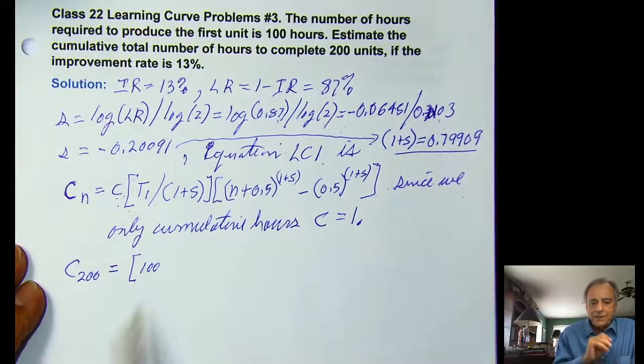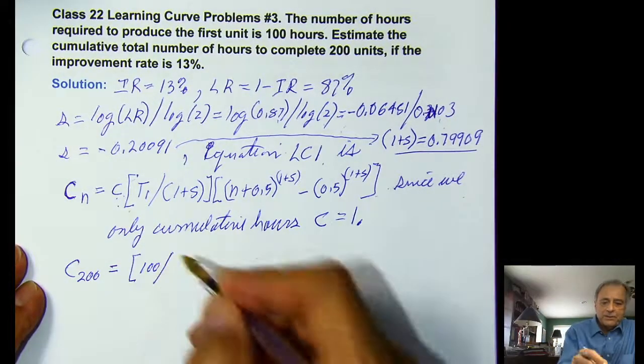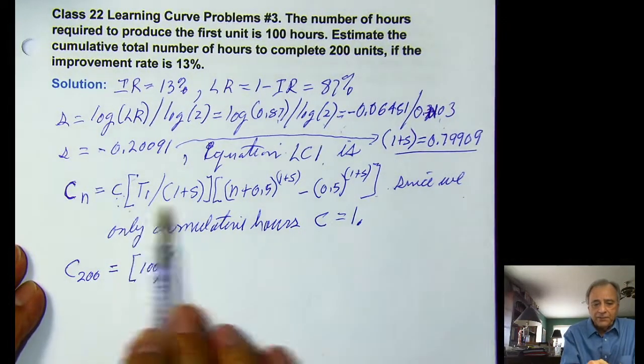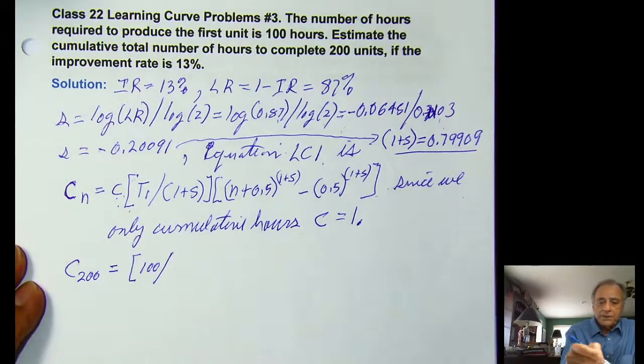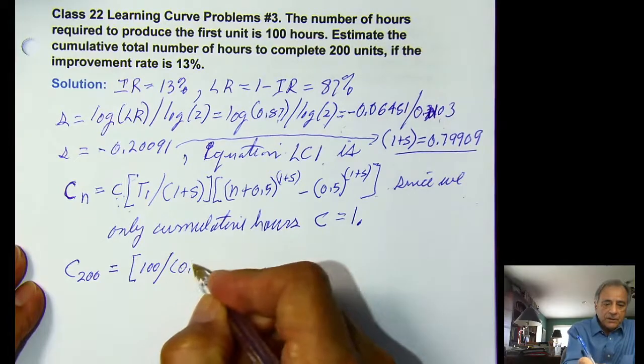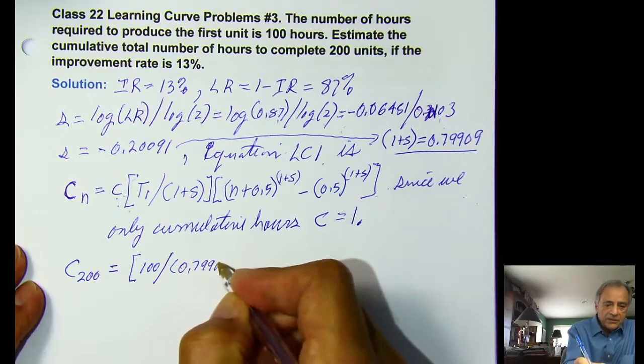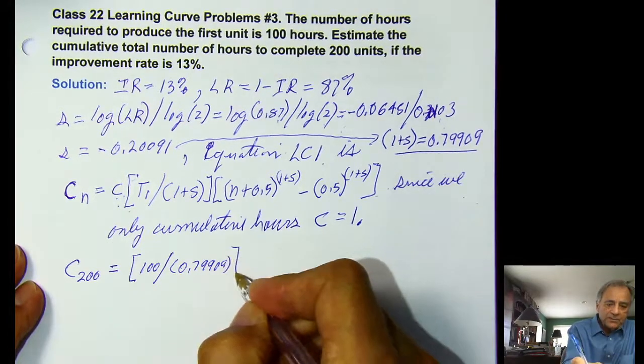So the first thing I do is divide inside the first bracket T1 by 1 plus S, which is 0.79909. Close that bracket.